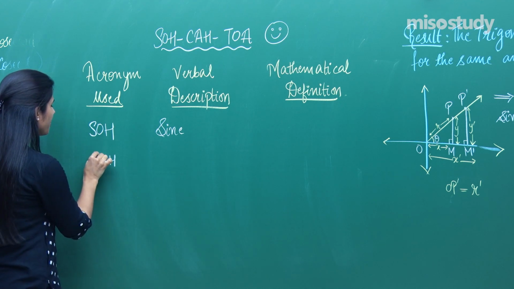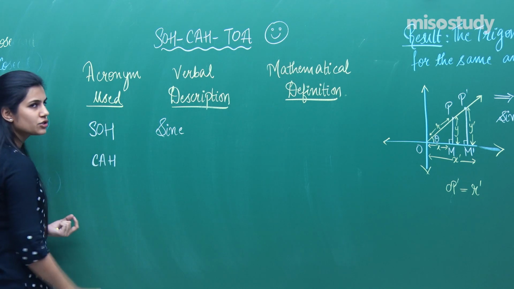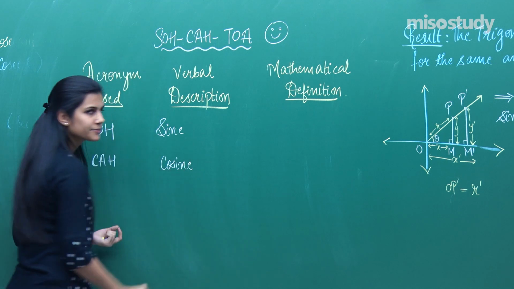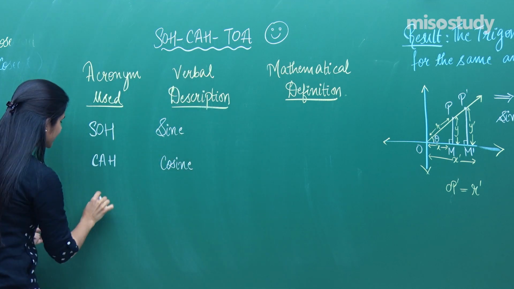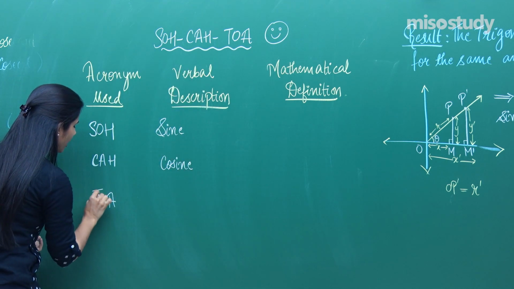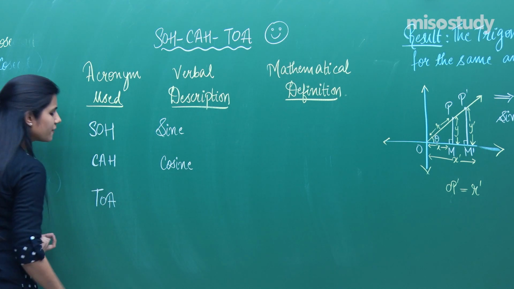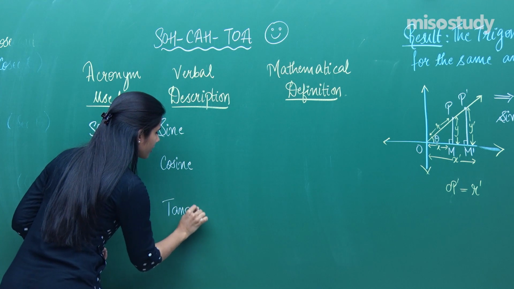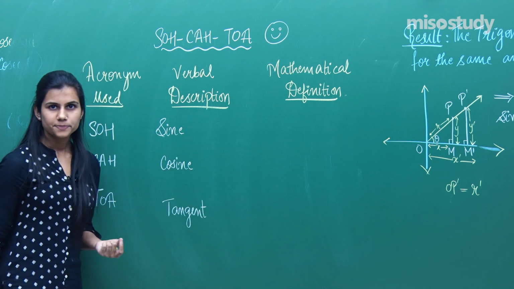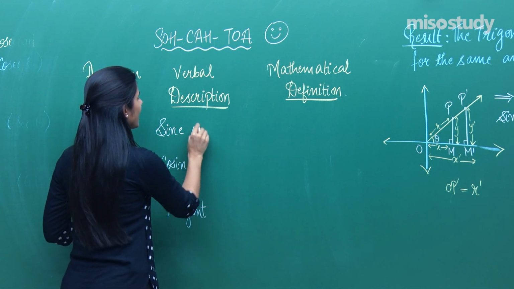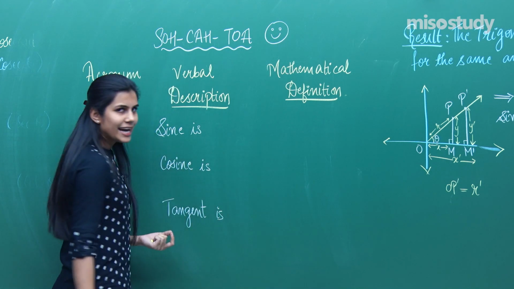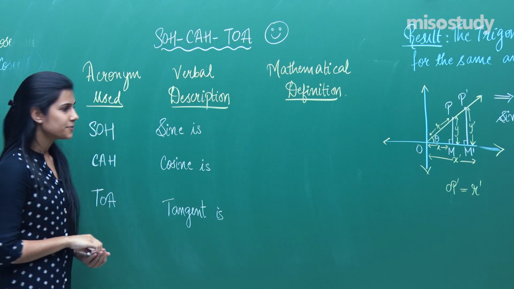Over here, focus on the first letter, which is C, which stands for cosine. And the third part is TOA, over which again focus on the first letter, which is T, which stands for tangent. So what sine is, what cosine is, and what tangent is, let's understand.